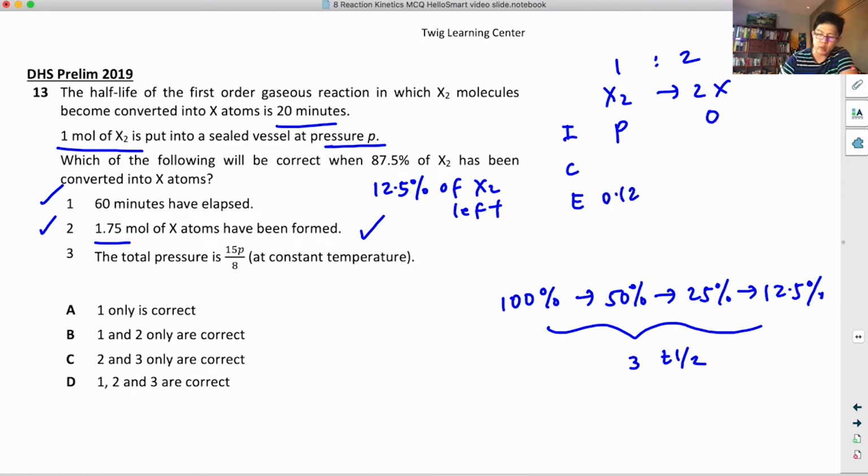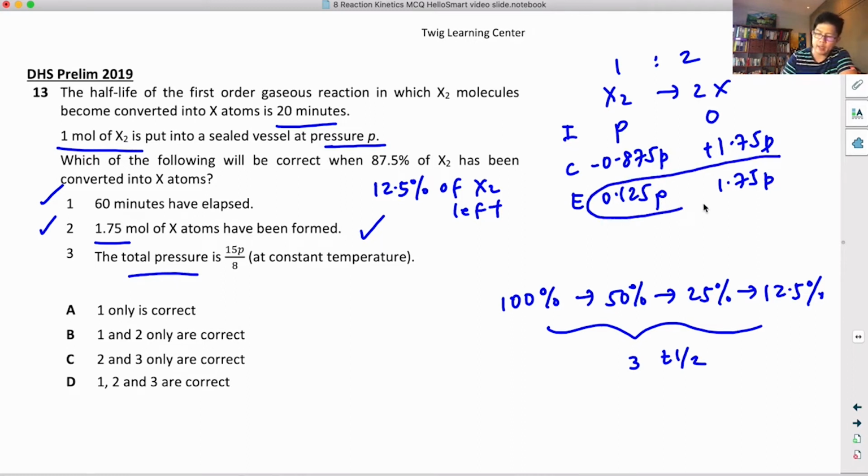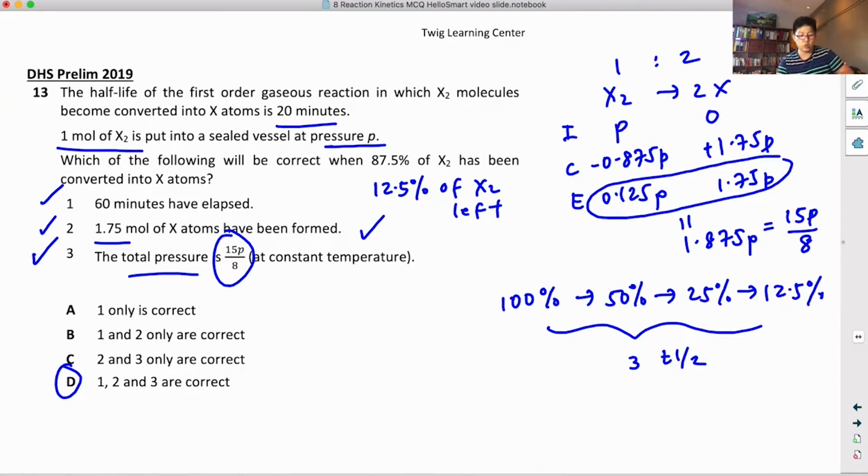In the end, 0.125 P, because 12.5% left, minus 0.875 P, plus 1.75 P. So this is 1.75 P. If you add these two up, it gives you 1.875 P, and if you press your calculator, this equals 15 P over 8. So this statement is also correct. So it has to be 1, 2, and 3.